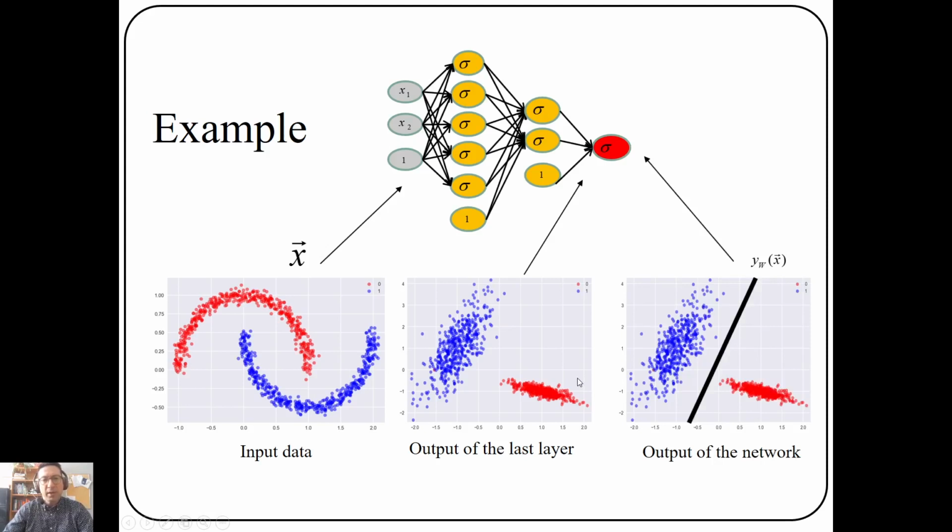So what our deep neural network has been able to do is take these points in the input space and project them into a new space, and the last layer is only a linear classifier. That's a way of seeing how neural networks work and why they're so effective, and they did that just through a training process.